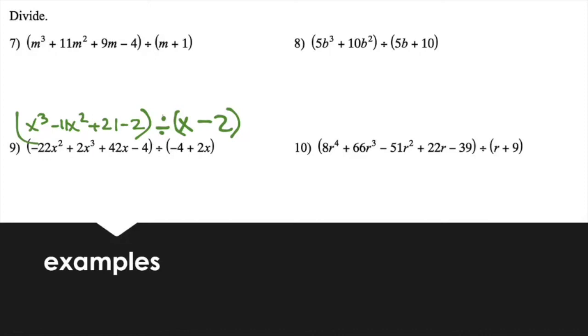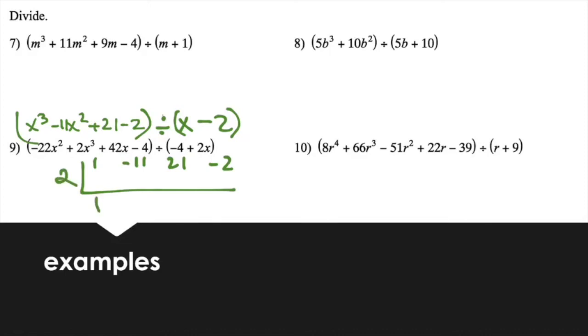So my coefficients are going to be these ones in front here. It's going to be the 1, the 11, the 21, and the 2. Actually, the negative 11 and the negative 21. So we're going to go 1, negative 11, 21, and negative 2. And we're going to set this equal to 0, add the 2 to the other side, and we'll get a positive 2.